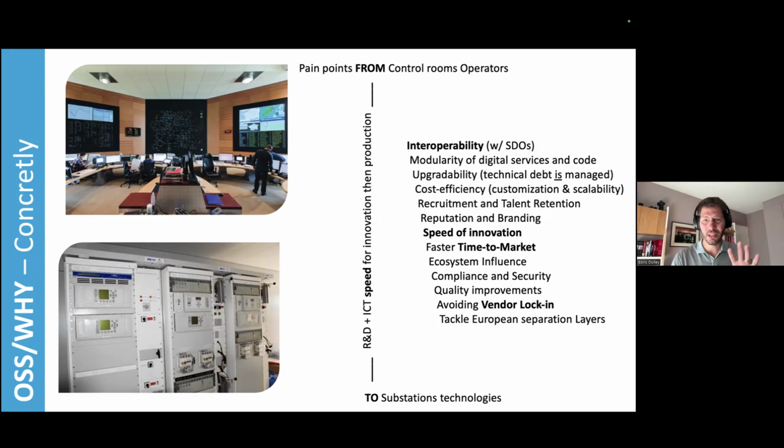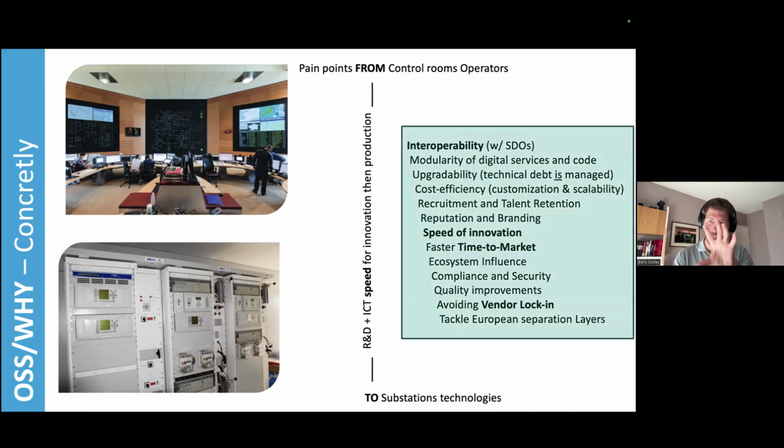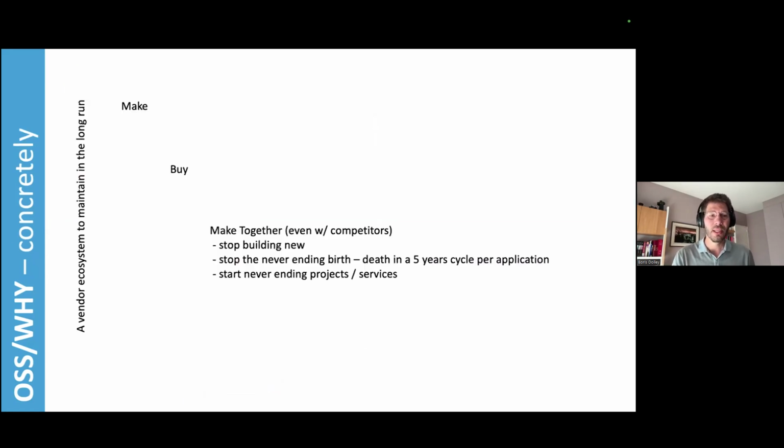We'll see that later, but a foundation as a natural actor. So this is one of the answers to the title of our meeting: what is the value for French, European, global grid? Wherever you are on the earth, you have this advantage if you jump to open source.